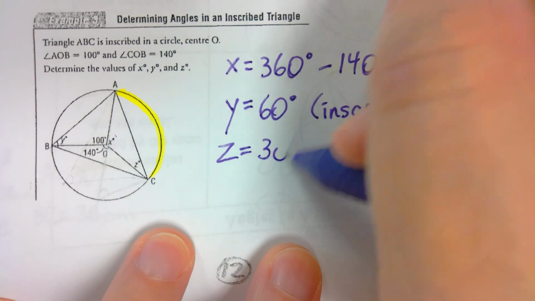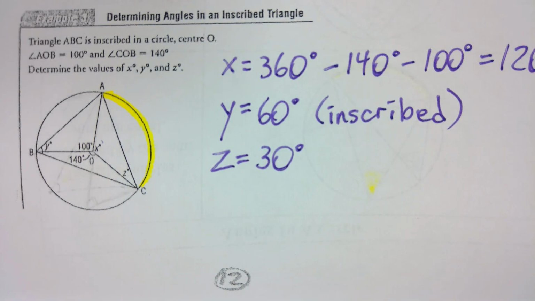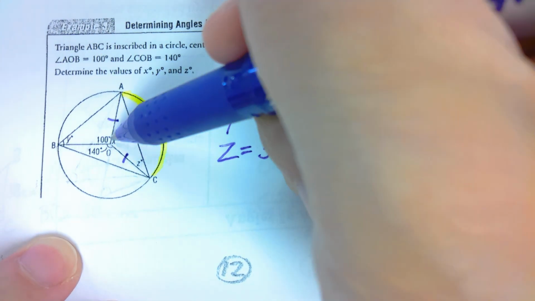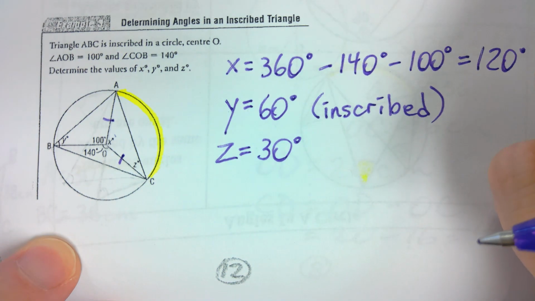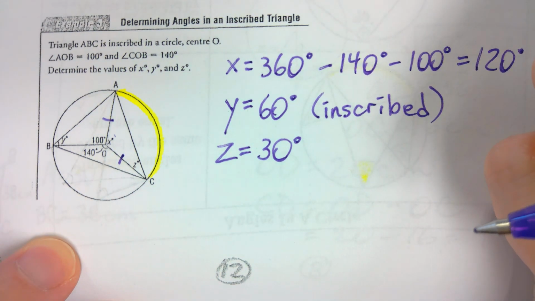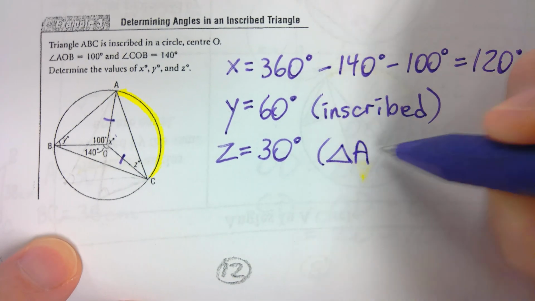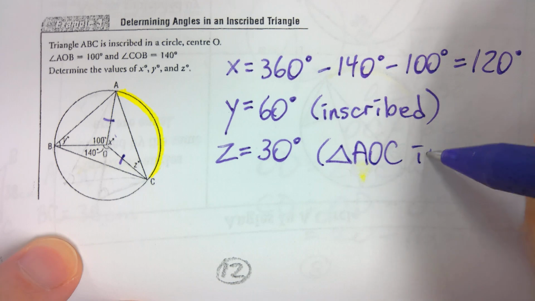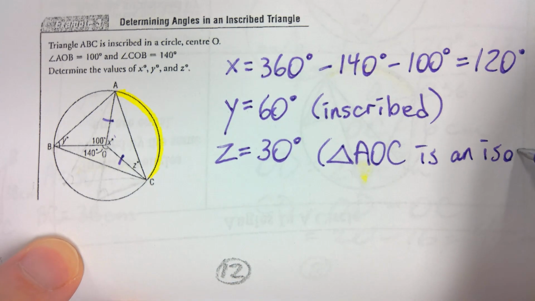Why? Because line AO and CO are the radiuses of the circle, right? So this is actually an isosceles triangle because this is your radius, this is your radius. So triangle AOC is an isosceles triangle.